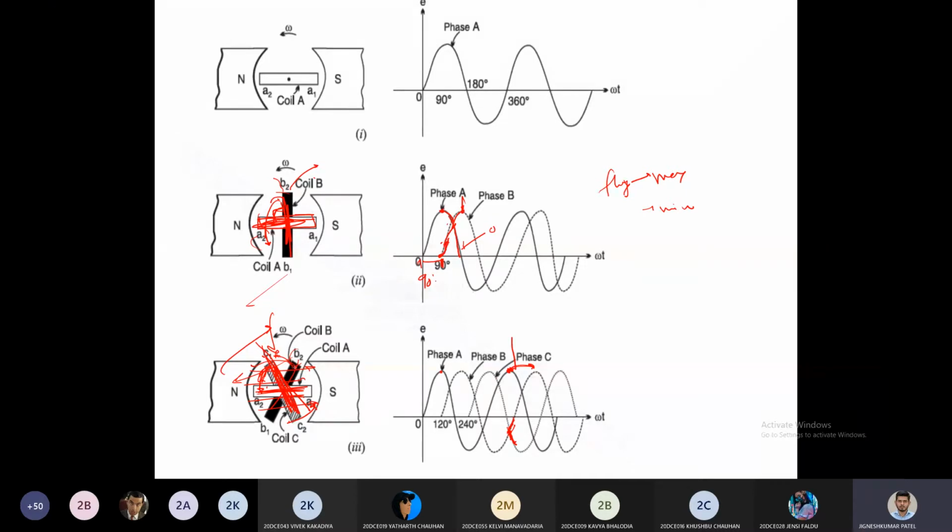Why? Because B is moving away from the pole and C is coming near the pole. At the same time A is also going away, so A will also start to decrease. So this is a three-phase system where three waveforms will be there, and each waveform would be 120 degrees apart from each other. Why? Because we have a 120 degree angle over here. Though it looks like 60 degrees, if you look here, it looks like 60, but it is actually 120 degrees.